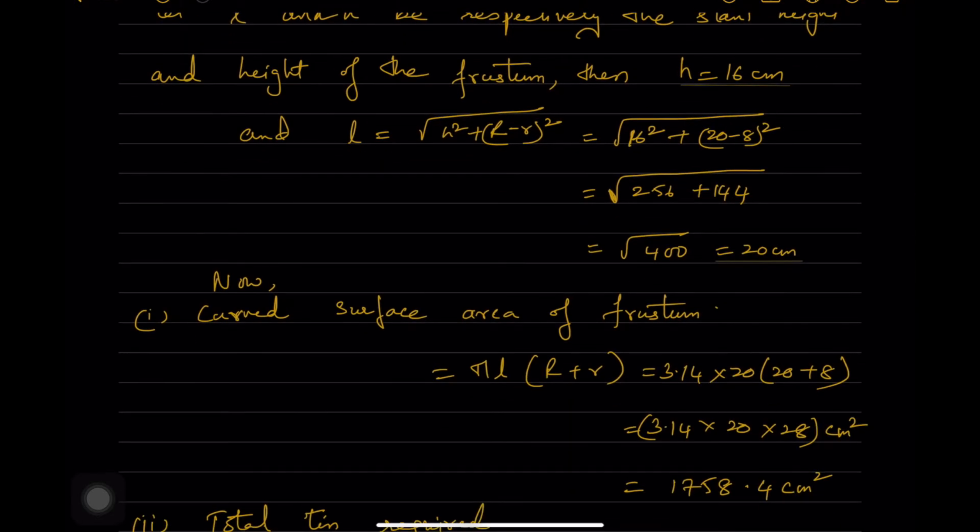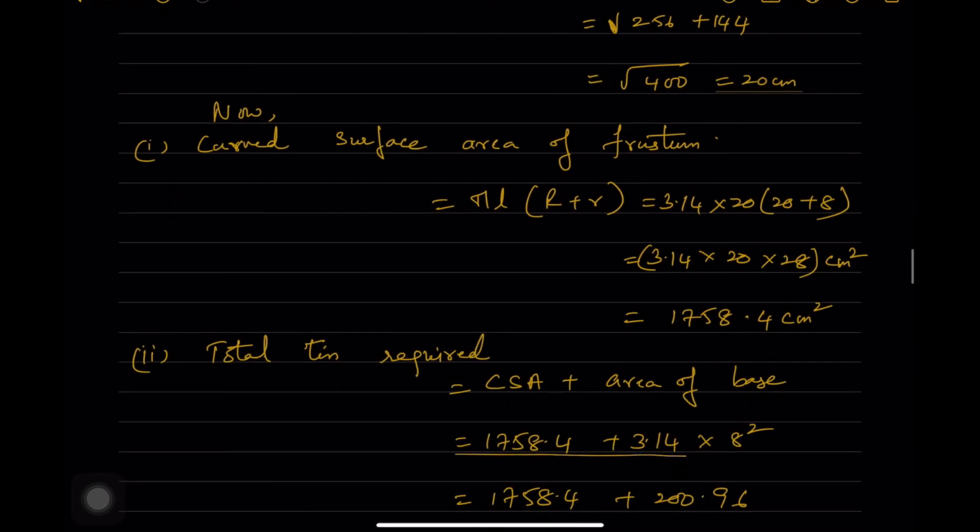So now the curved surface area of the frustum is pi times (R plus r) times L. Pi r L is actually the curved surface area of a cone, but this is a frustum, so you have two circles, so R plus r. Therefore you are getting 3.14 into 20 plus 8 into 20, that is 1758.4 centimeters square.